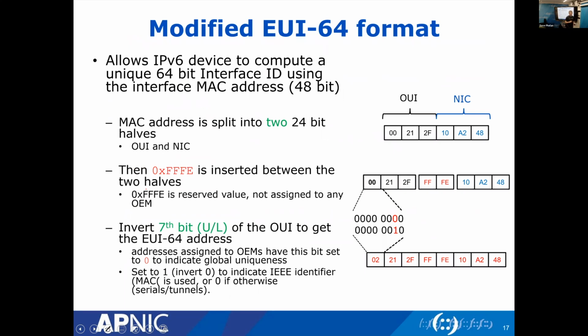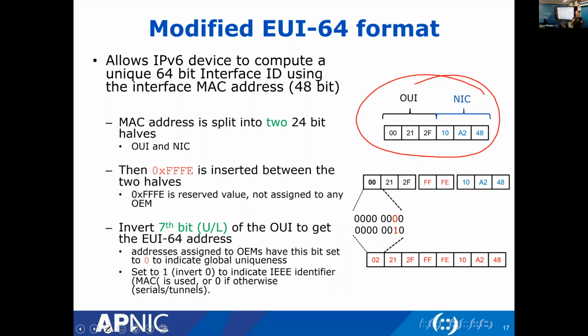To make addressing easier, to a degree, we have this thing called a modified EUI64 format. So when we're trying to calculate our addresses, we'll actually compute our unique interface ID. And we do that using the MAC address. So what we do when we're calculating this is we split it out.